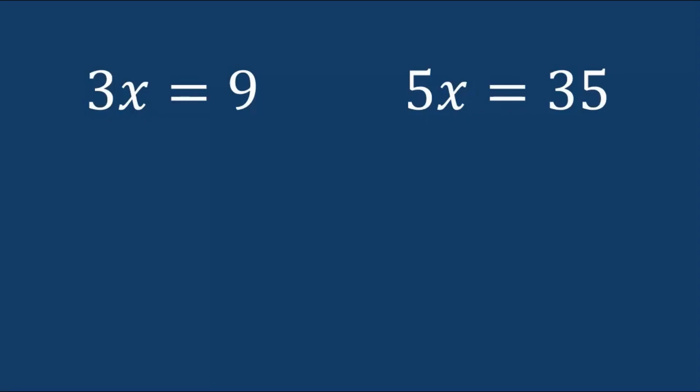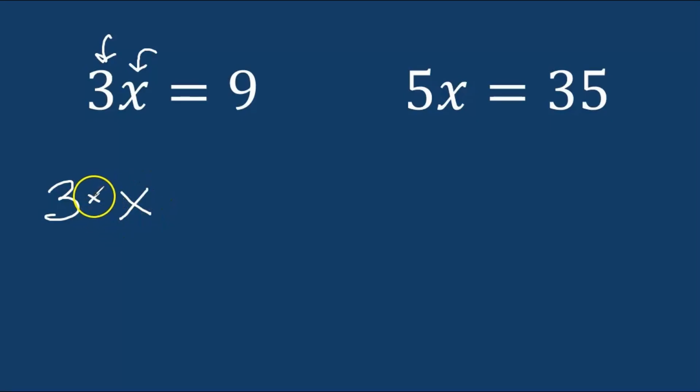Although it looks like there isn't any multiplication on this page, a 3 in front of an x has a little invisible multiplication sign in between it. So we could draw a little dot right between them if we wanted to. This is a coefficient in front of a variable. And what that means is 3 times x.